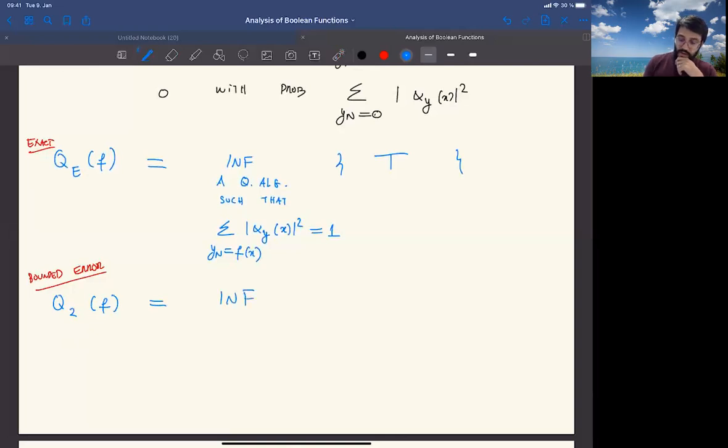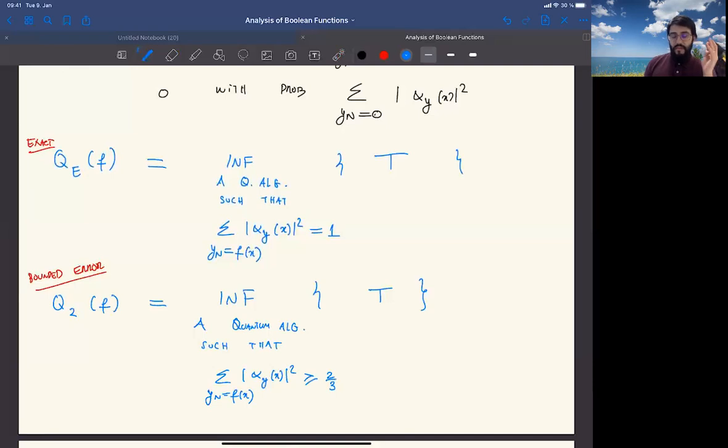Again, you're going to minimize over the T's of a quantum algorithm, such that the probability of guessing right the value of f is greater or equal than 2/3. Okay. And so that's bounded error.